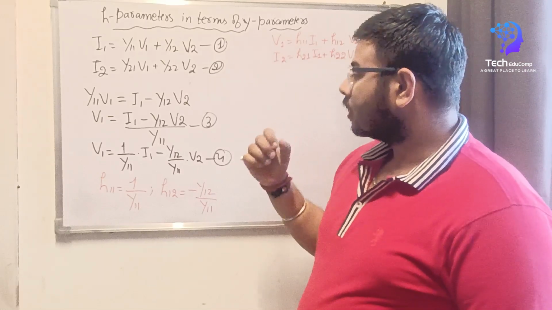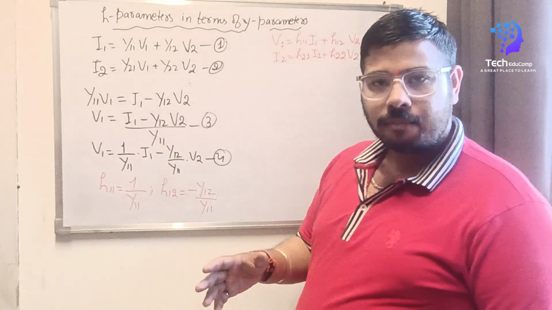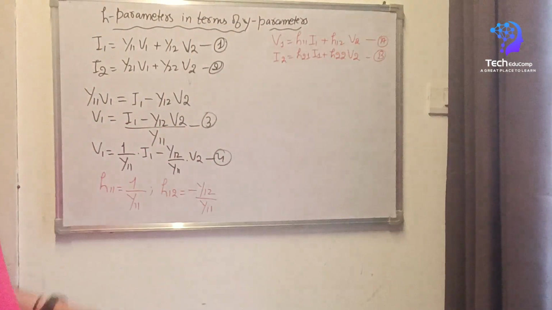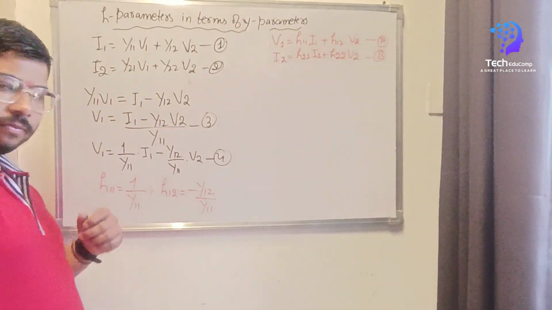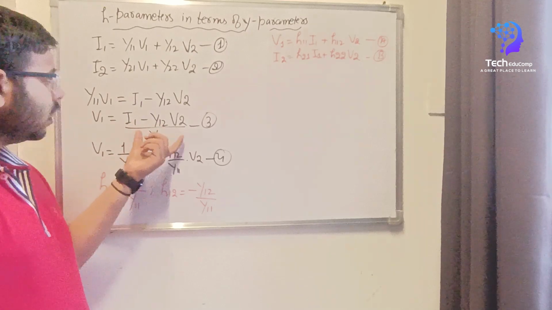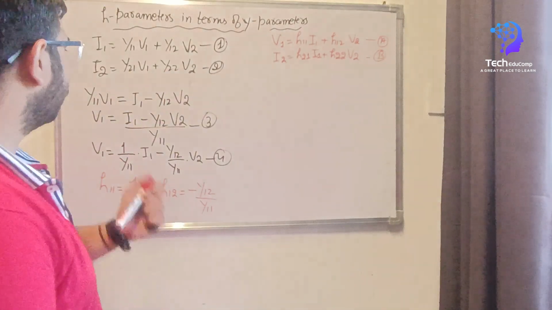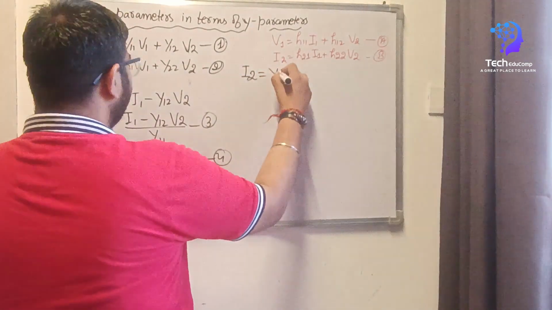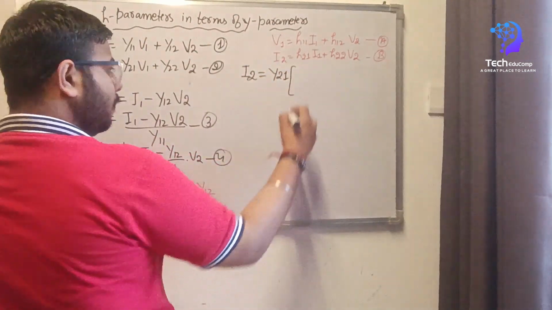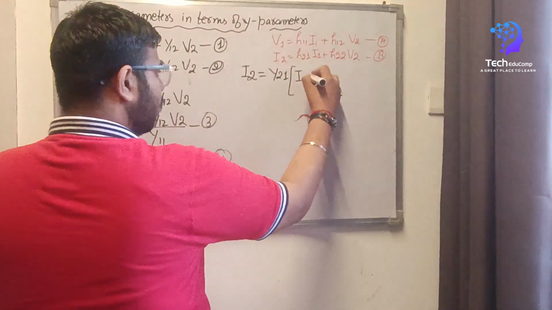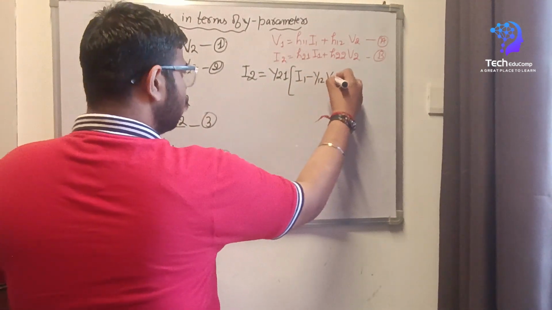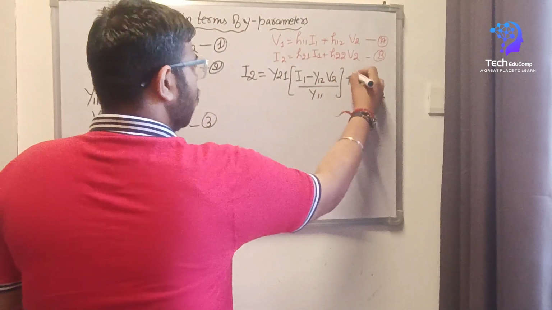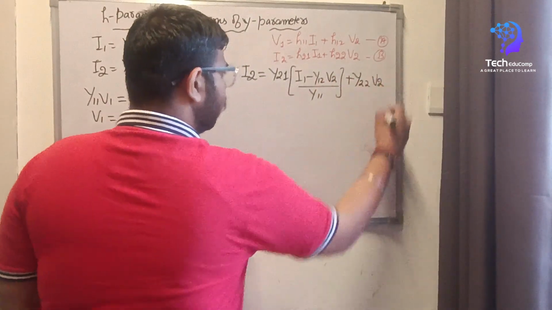Now the thing is, only two parameters are left, H21 and H22. What we can do here is just put the value of V1 from equation number 3 in equation number 2. So what we will get? We will get I2 is equal to Y21 multiplied by I1 minus Y12 into V2 upon Y11 plus Y22 into V2.